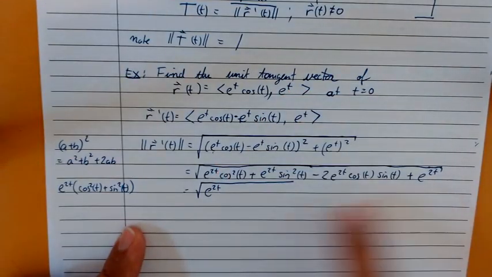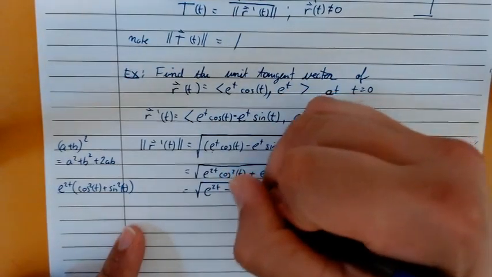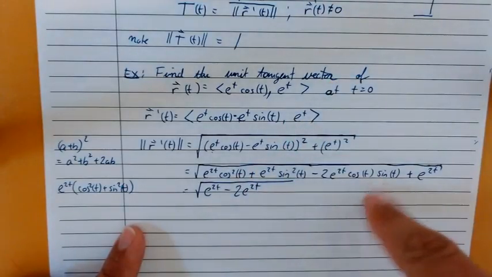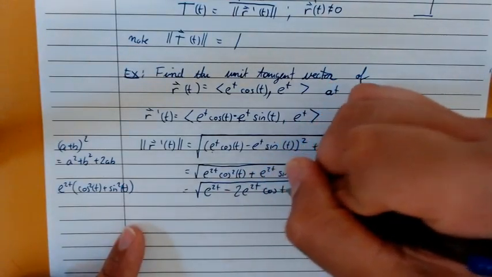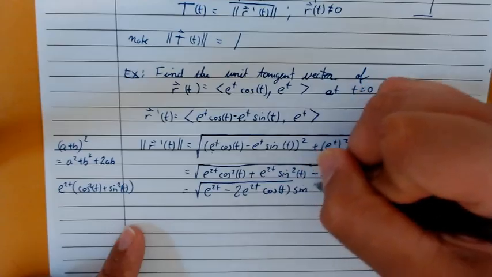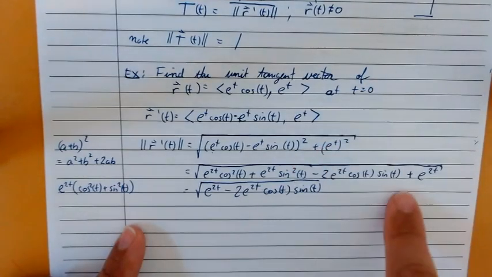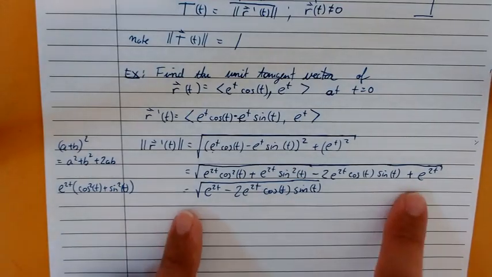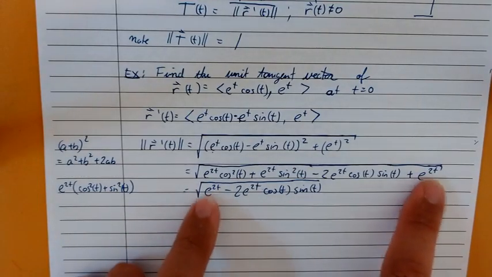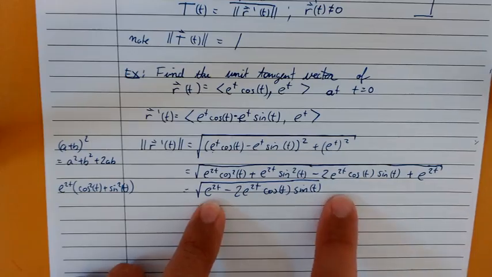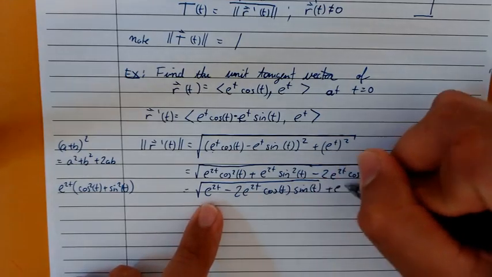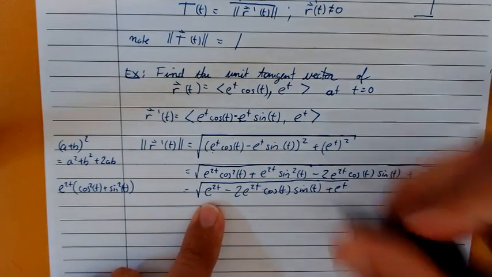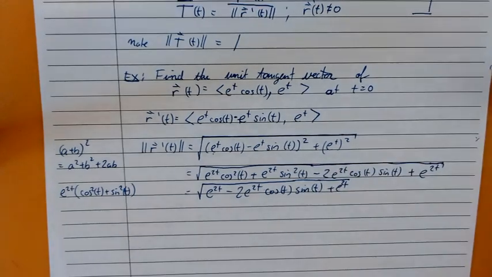Here you have minus 2e to the 2t cosine t sine t. And then you have plus another e to the 2t, which when you add those together would combine as 2e to the 2t.